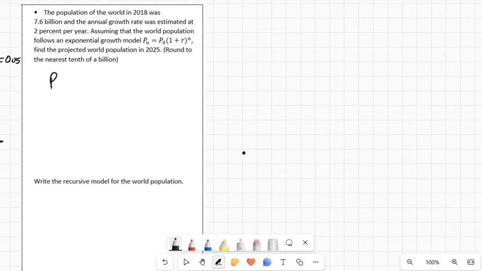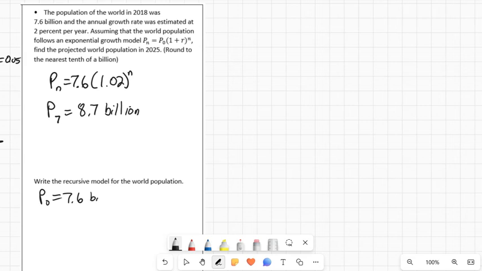What you should have: P sub n equals 7.6 times 1.02 to the n, and P sub 7 equals 8.7 billion. And the recursive model would be P sub 0 equals 7.6 billion, P sub n equals P sub n minus 1 times 1.02.